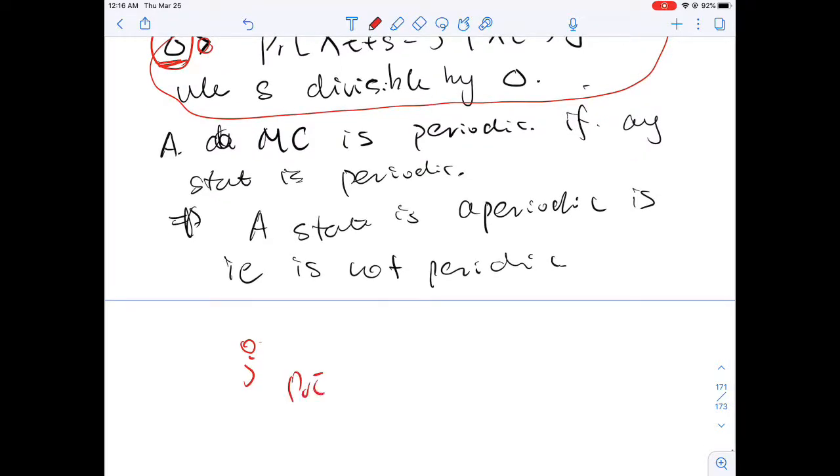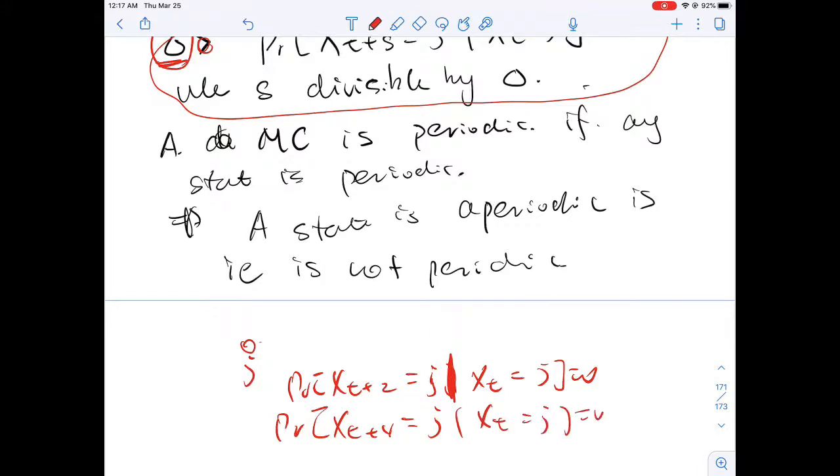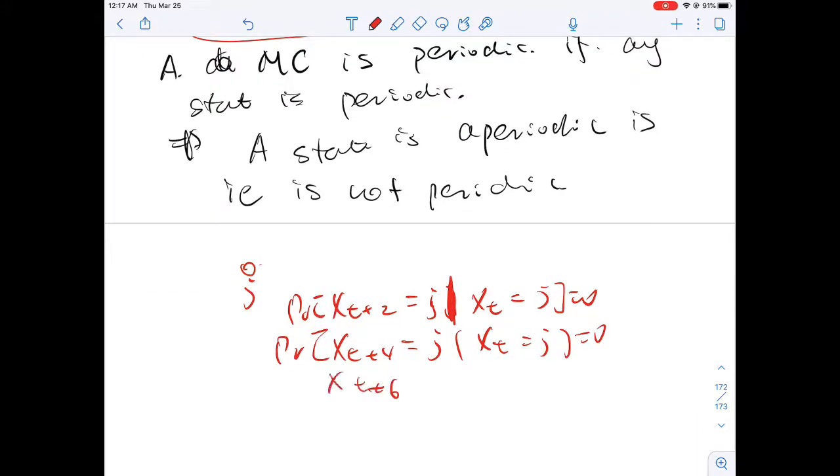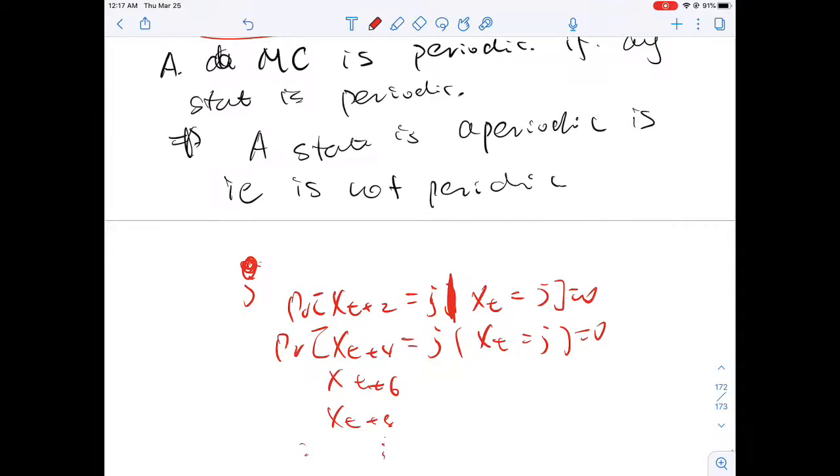That really just means that the probability of X_{t+2} equal to j conditioned on X_t equal to j is 0, and the probability of X_{t+4} equal to j is 0, and so on and so forth, then t+6, t+8. That says that if I want to return to the state j, I can't take an even number of steps to return to the same state.